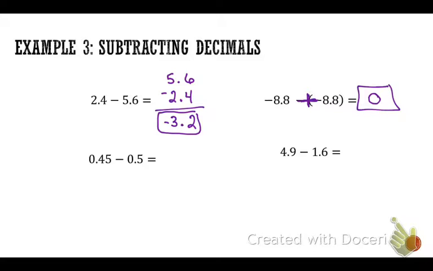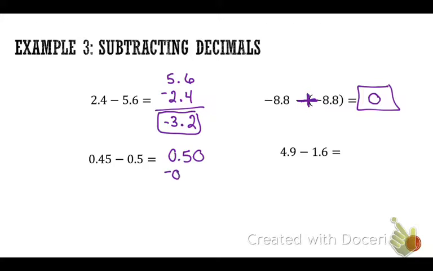All right. Okay, I want you to do the last, actually, yeah, let's do both of them. All right, go ahead and try the last two. Try the last two. Compare your answers. Done? Okay, so different signs. 0.45 is positive, 0.5 is negative. Did you put 0.5 on top? 0.50. 50 is bigger than 45.